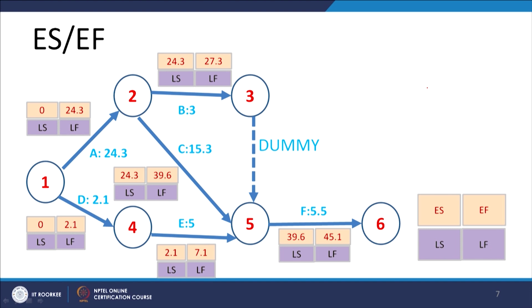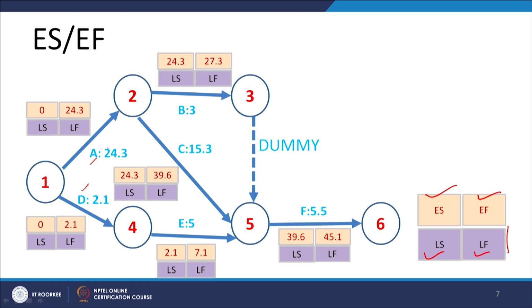If we see here, for activity A and activity D there is no precedence requirement, so both can be started at time 0. The earliest start and earliest finish are shown by this color, and the latest start and latest finish are shown by a different color.